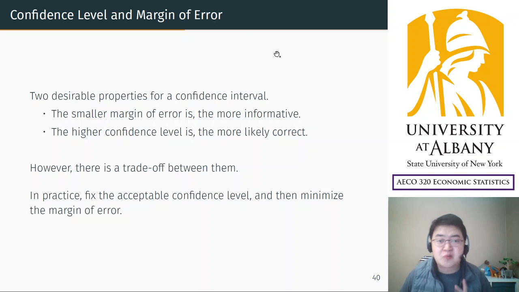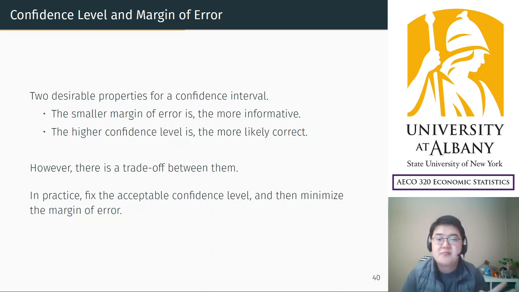There are two desirable properties for an interval estimator. One is that we want a smaller margin of error, because if you can reduce the margin of error, your estimator is more accurate and more informative. You can narrow down the final candidates.